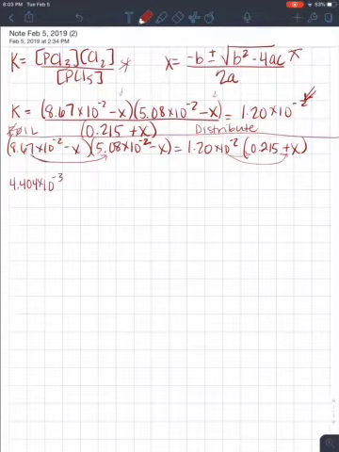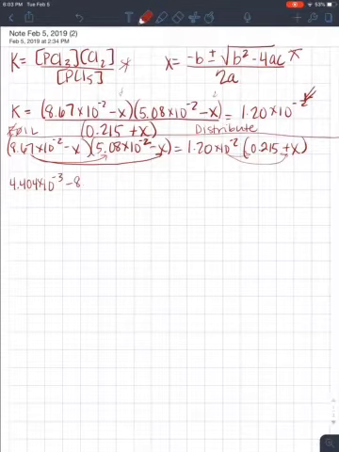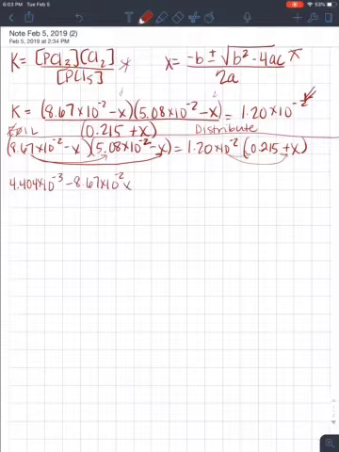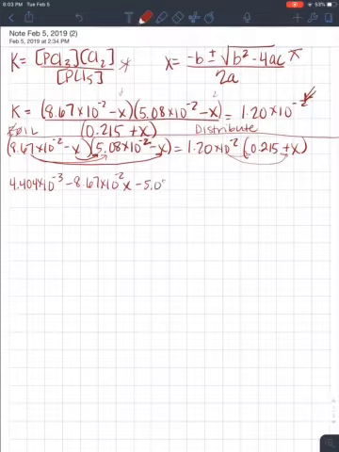Outer means the thing in the beginning of the first one and the thing in the end of the last one. So negative 0.867 times 10 to the minus 2 times x, because that's what's over here. Inner is going to be the two things on the inside of the parentheses. So minus 5.08 times 10 to the minus 2 times x.